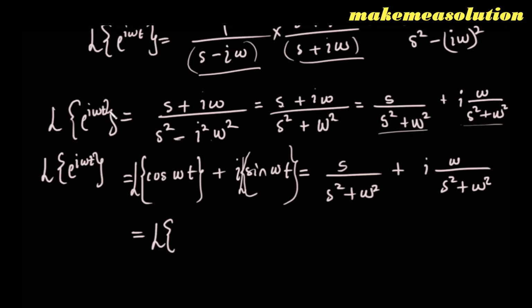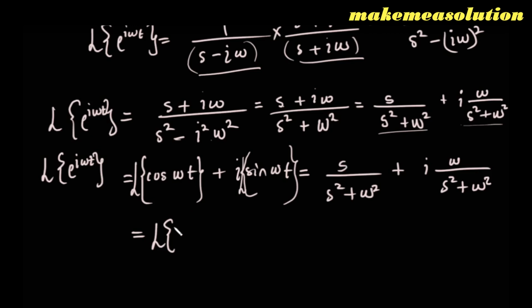And now, by applying the left hand side, we got this resolution: the Laplace transform of cos omega t plus the Laplace transform of sine omega t gives me s over s squared plus omega squared, plus i times omega over s squared plus omega squared.